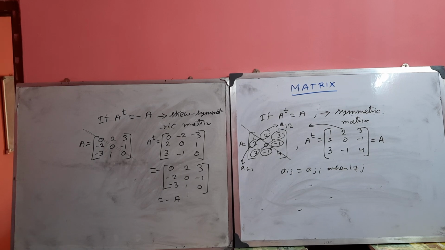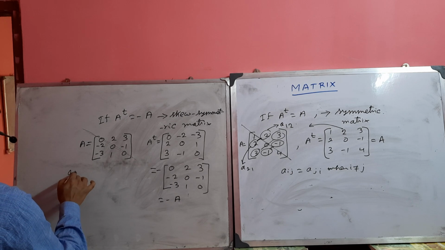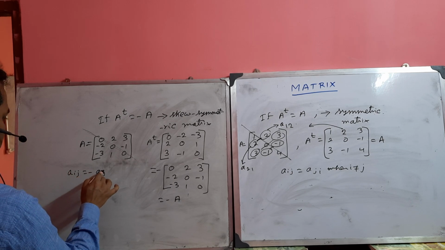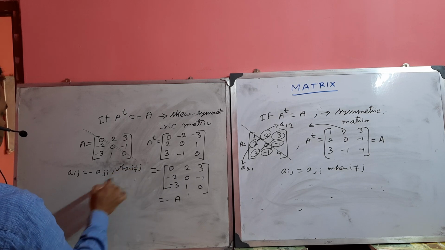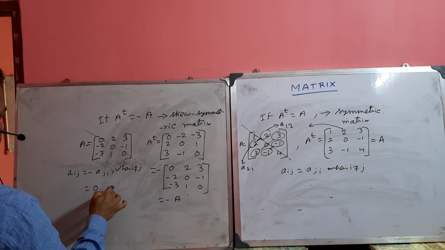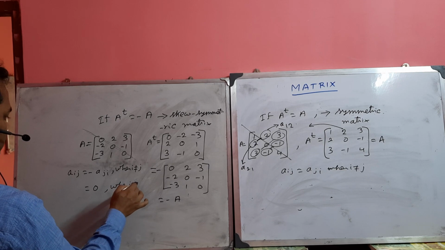So this one is a skew symmetric matrix, and here you see that Aij equals minus Aji when i not equal to j, and this equals 0 when i equals j.